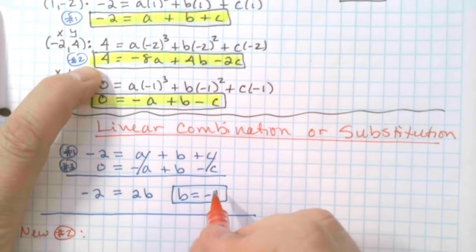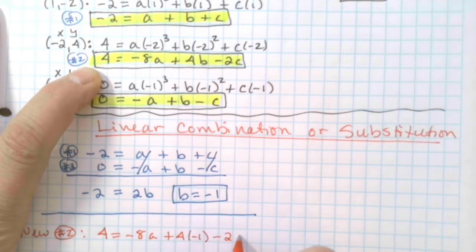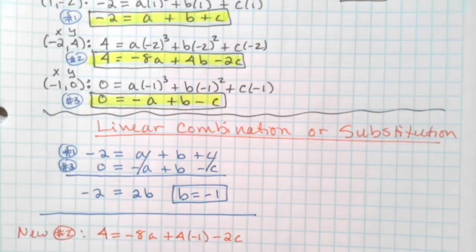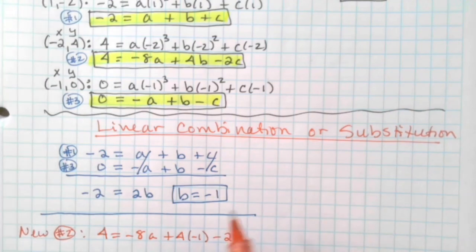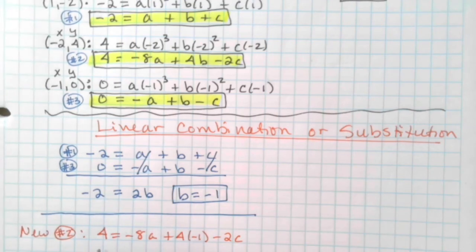Replacing B with -1, I get 4 equals -8A plus 4 times -1 minus 2C. 4 times -1 is -4, so I'm going to add it over. So -4 plus 4, that will give me 8 equals -8A minus 2C. That is my new equation number 2.